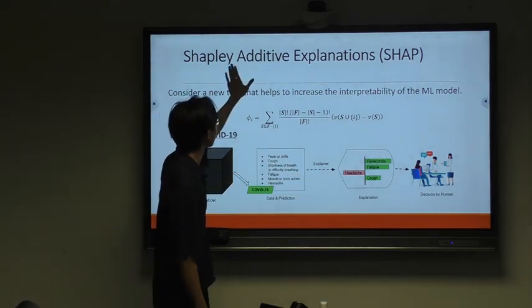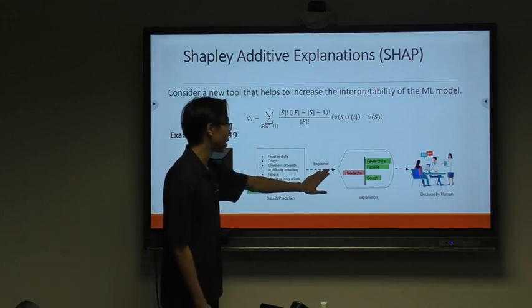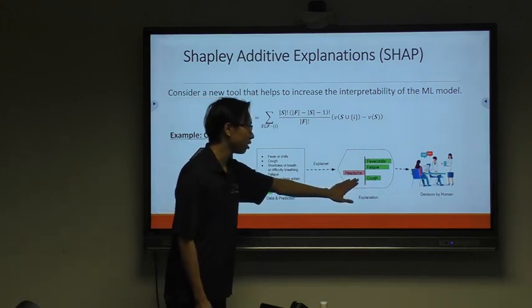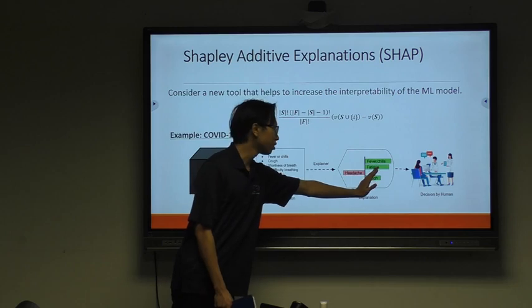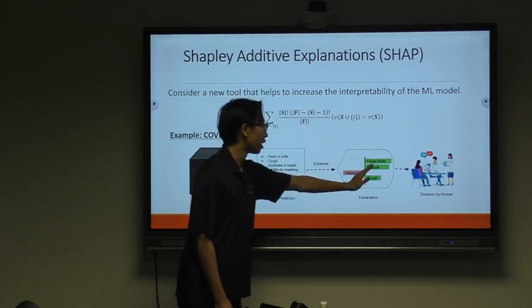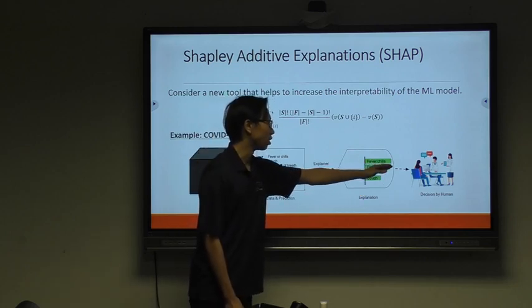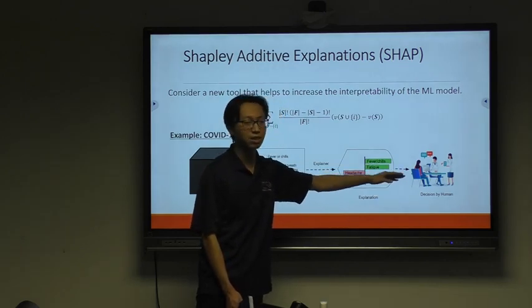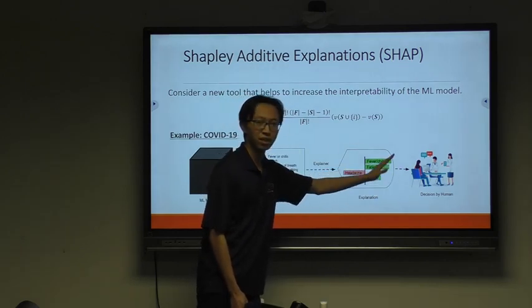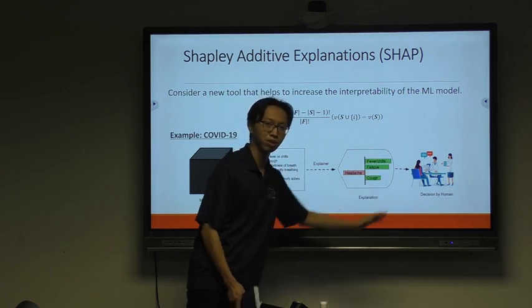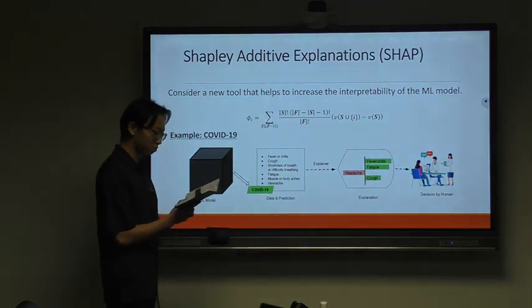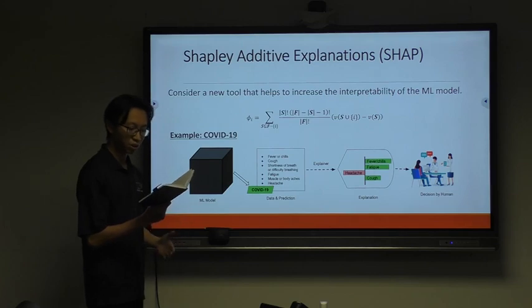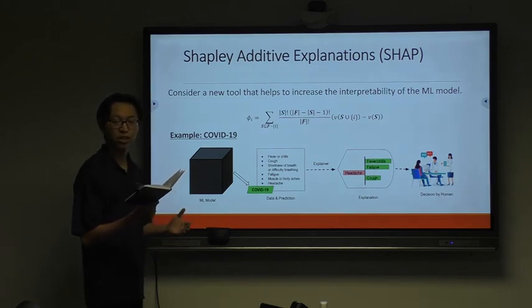SHAP acts as an explainer of the positive effect of each symptom, so the expert, the doctor, can decide whether a patient is positive or negative for COVID. It provides a consistent approach to explaining the model, based on calculating the SHAP value.